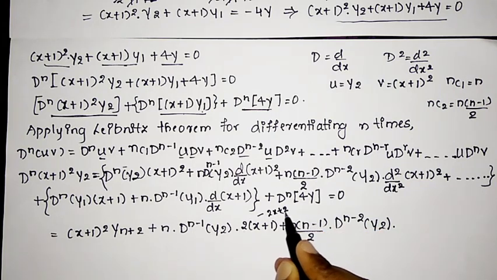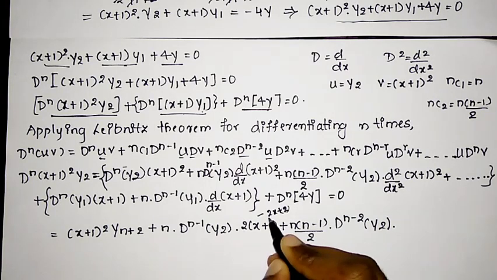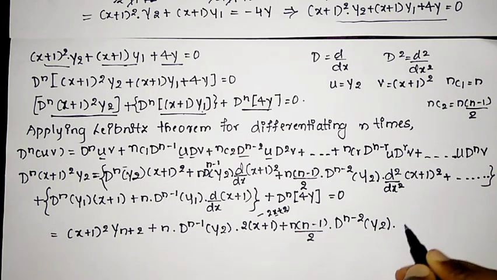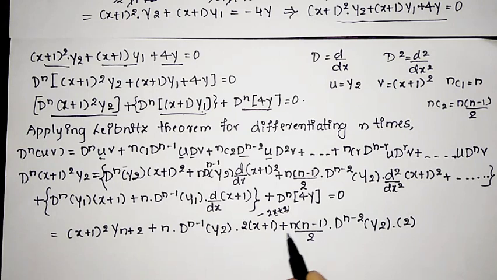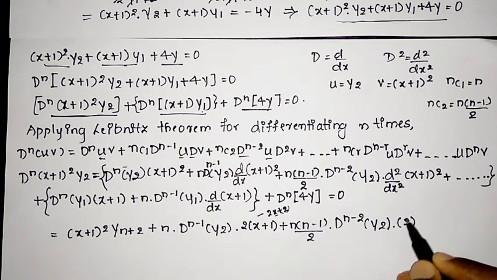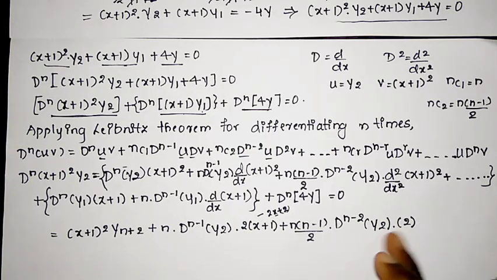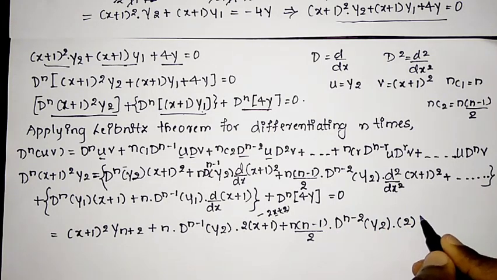The differentiation of the constant term is 0. Similarly, differentiation of 2 into x is 2, since differentiation of x with respect to x is 1. If we apply the third derivative, the differentiation of the constant term will be 0, so the whole expression will be 0. So just stop here itself.